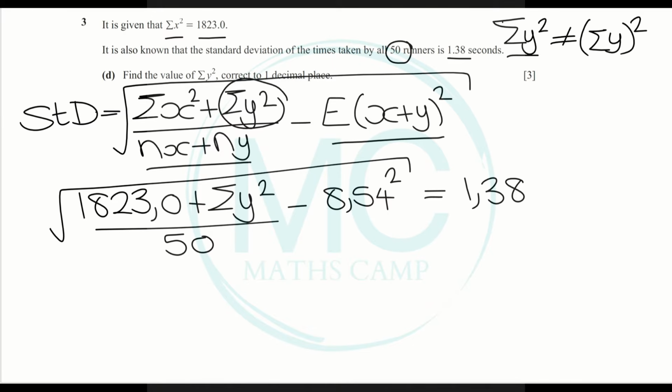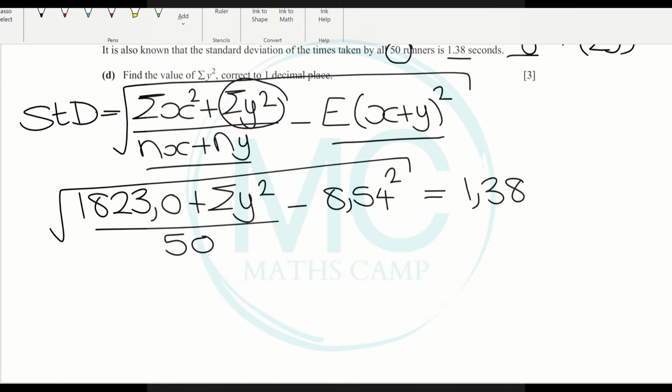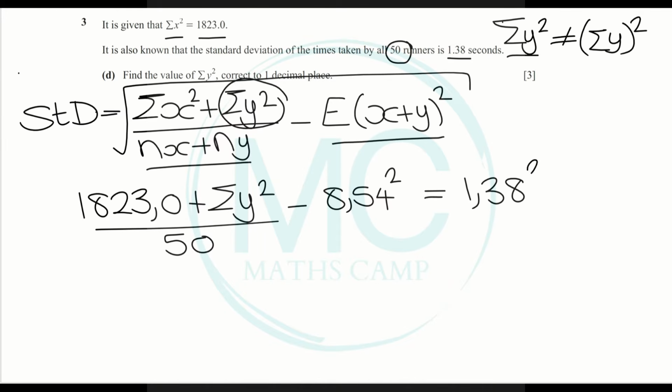To get sigma y squared by itself, let's square both sides. So to make it easier, I'm going to erase the root on this side. And because I'm squaring it, I square this side. Now let's move 8,54 to the right.